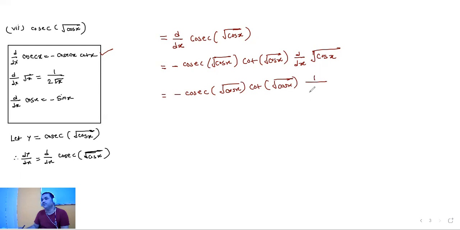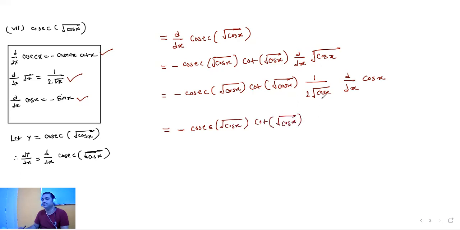The derivative of root of x is 1 upon 2 root of x, referring to this formula. And further, we need to take the derivative of cos of x. The derivative of cos of x is very simple, that is minus sin of x. So first we'll write it minus cosec of root of cos of x, cot of root of cos of x. So this is 1 upon 2 root of cos of x, and the derivative of cos of x is minus sin of x.